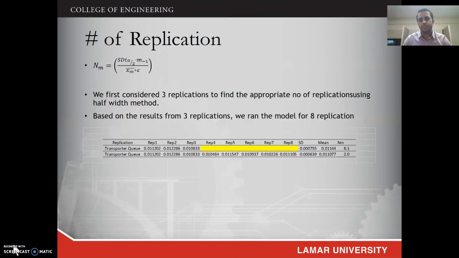So in the second step, we ran our model for 8 replications, and we saw that by increasing the number of replications, the variance of the model will decrease, and we reach the steady state in a shorter period. Totally, we considered 100 replications during our analysis.